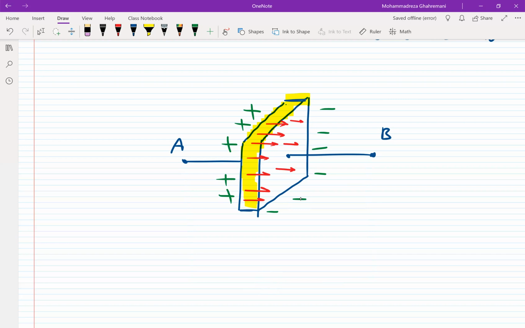Okay, we have some parameters for this capacitor. First of all, as I mentioned, these two plates are made from conductive materials, so they are metal plates.